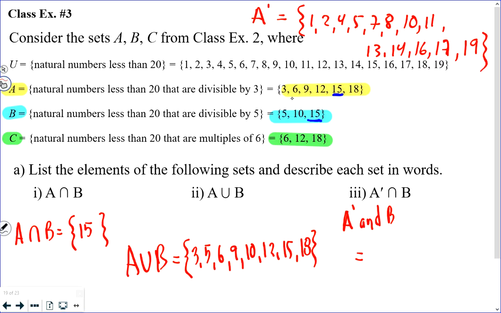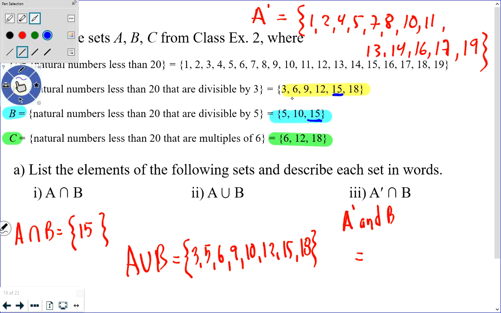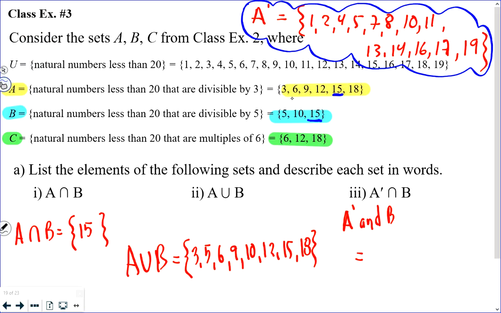We'll double check that. 1, 2, 4, 5, 7, 8, 10, 11, 13, 14, 16, 17, and 19. At the top of the screen is not A. So we are looking now for anything that is in not A and in B. I would start with the smaller set.